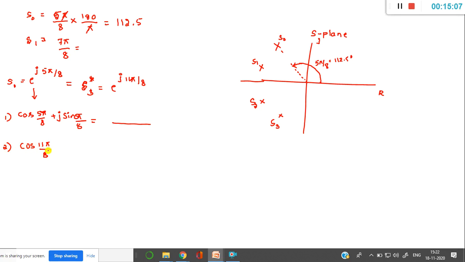Followed by that, also take cos of 11 pi by 8 plus j times sin of 11 pi by 8. Check these two answers and see whether these two are complex conjugates or not. What is the value? Verify this and tell me the answer.